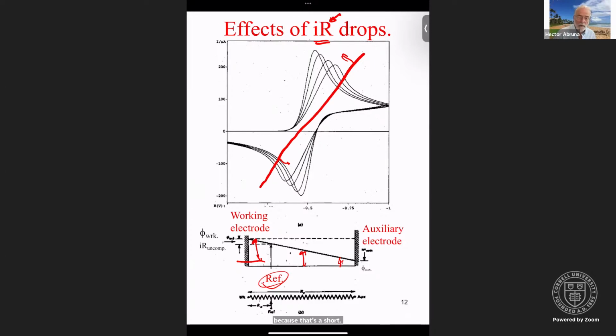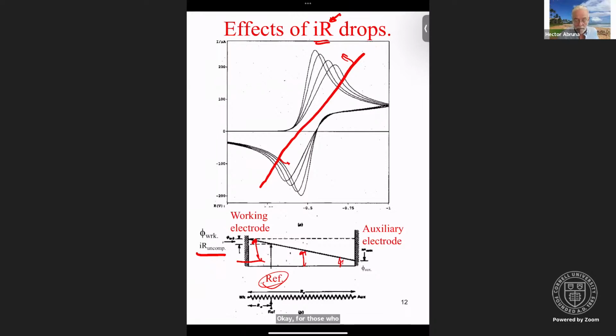So even when you have very careful placement of your working and your reference, there will always be a small distance between those two. The resistance associated with that distance is called the uncompensated resistance. There are ways to compensate for that, usually using something called positive feedback, but you have to be very, very careful how you do that. Okay, for those who have interest, we can discuss that offline.